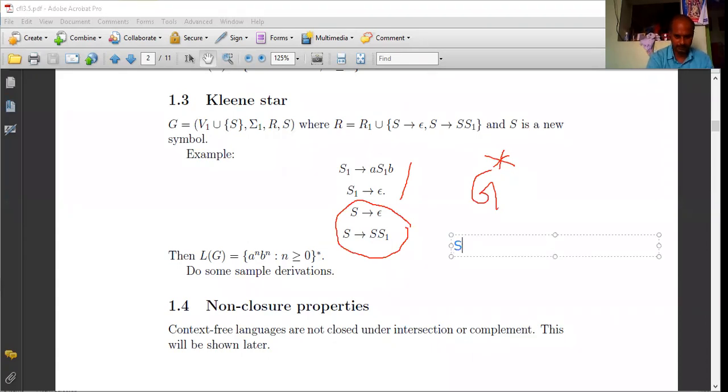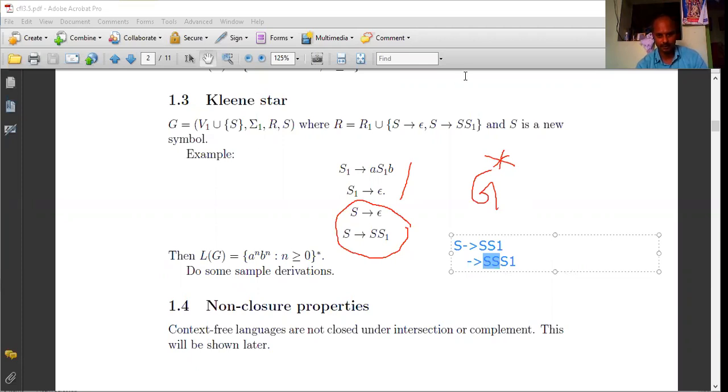Here observe this, S derives S S1, and recursively S1. So any number of S we can take, that is S asterisk.